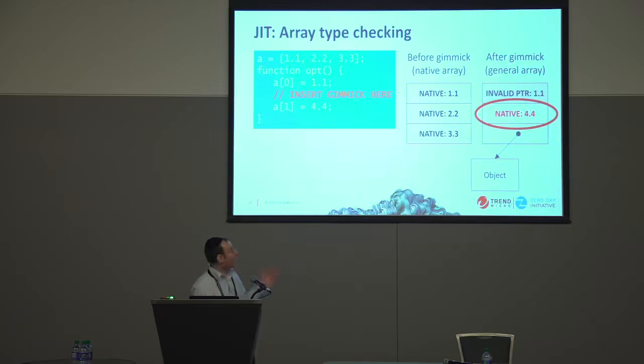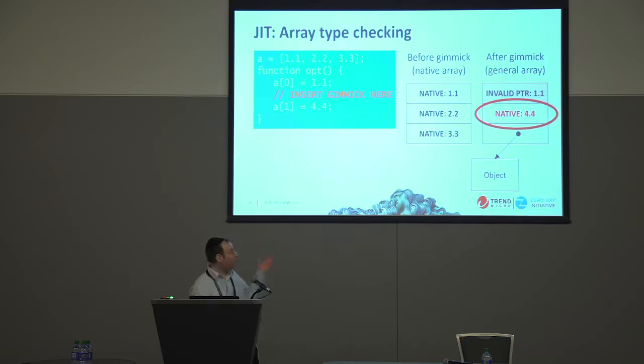In fact, this is already a critical vulnerability. Why? Because later on, when this array element is read at some point in the future, the JavaScript engine will be in a state where it correctly identifies the array as a general type array.